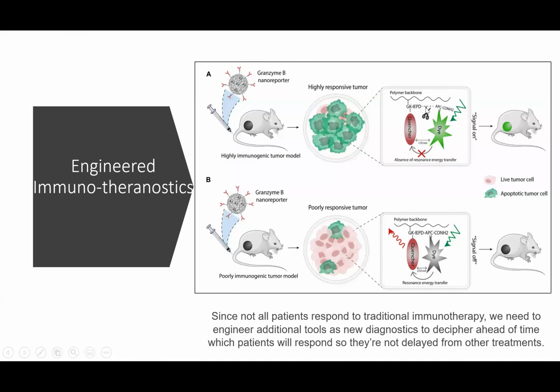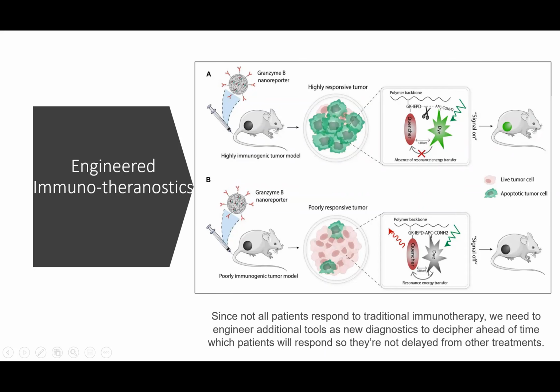This bond, or peptide or amino acid sequence, is sensitive to granzyme B. So let's say this immune checkpoint inhibitor activated the T cells to release the granzyme B. In this case, granzyme B will break the bond between the dye and its quencher, releasing the dye in active form, and the dye will induce fluorescence, induce imaging. This can give us a report about the activity or sensitivity of the tumor to immune checkpoint inhibitor.